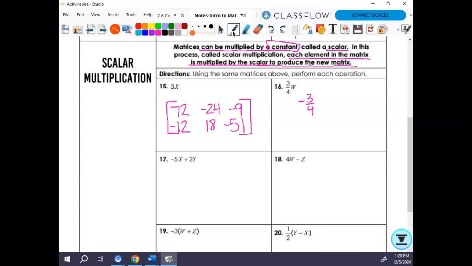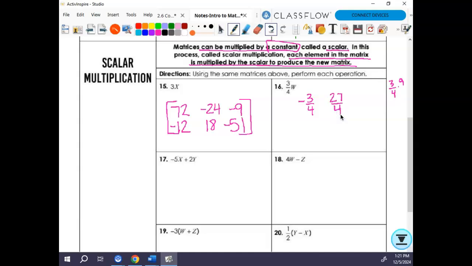If I do 3/4 times 9, can I reduce that before I multiply? No. So that's just 27 over 4. Oh my God. See? That doesn't make any sense at all. I think I'm making stuff up.